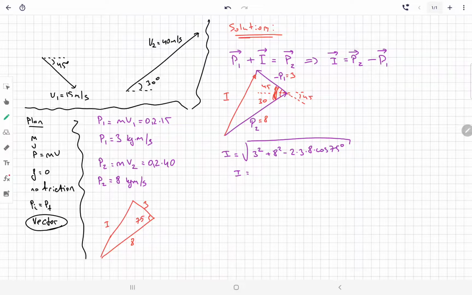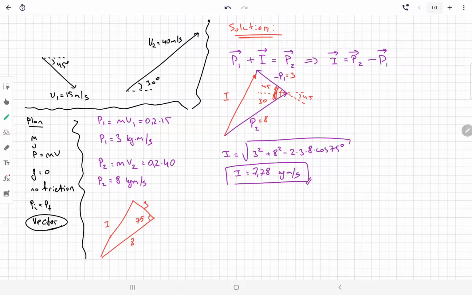So approximately it will be equal to, let me use my calculator, 3 squared plus 8 squared minus 2 times 3 times 8 times cosine 75. So the answer is 7.78. So this is the impulse, kilogram meters per second. So we found the numerical value, magnitude of the impulse.